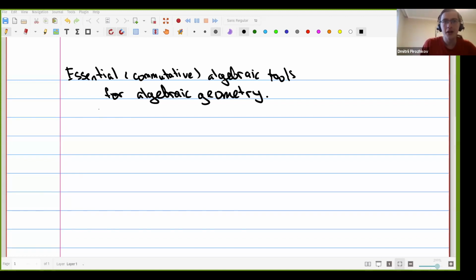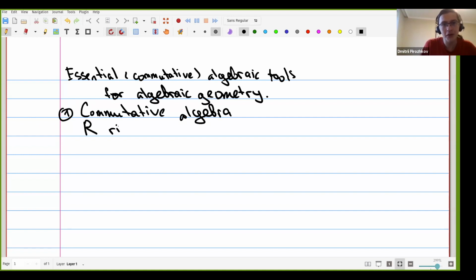Okay, so right. First, I want to say some words about what I mean by commutative algebra. It's a study of commutative rings and modules over them. So for me, R will be a ring.